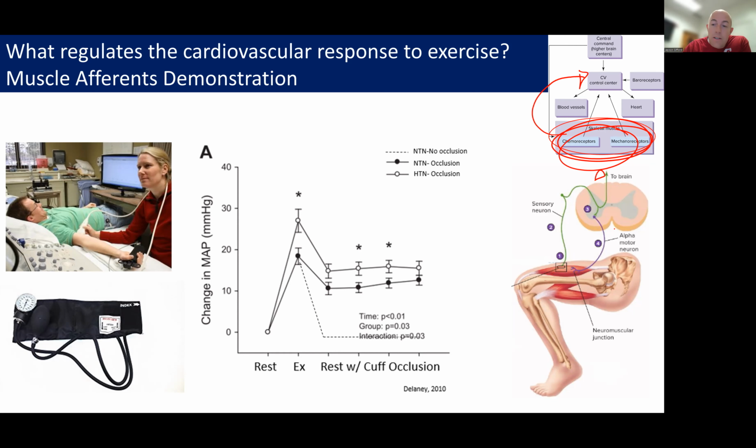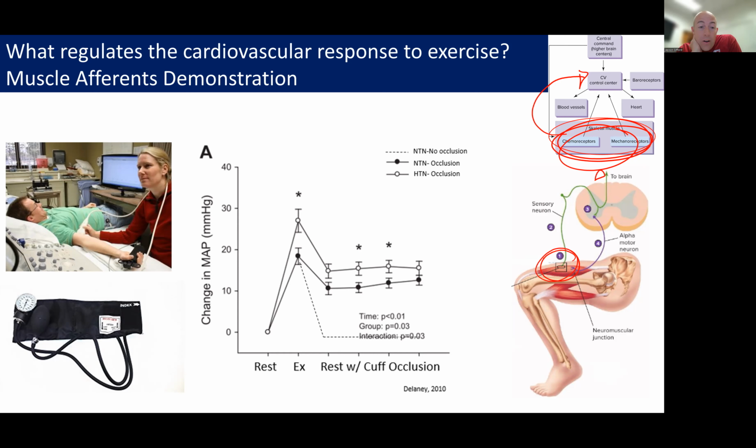So part of the idea of these afferents is to make sure that you're getting adequate oxygen delivery to the muscle. But they can also be too sensitive. There have been some studies showing that these afferent nerves are overly sensitized in some hypertensive people, so that in the presence of just a little acid, they have a way exaggerated response.